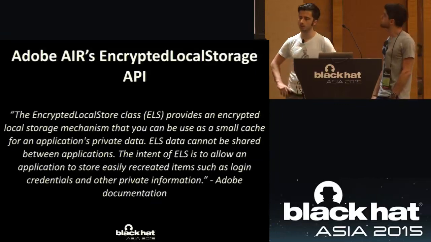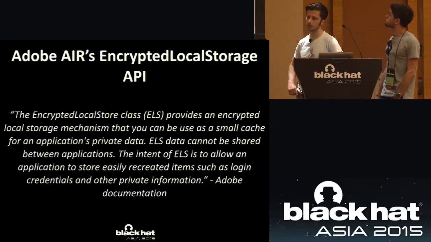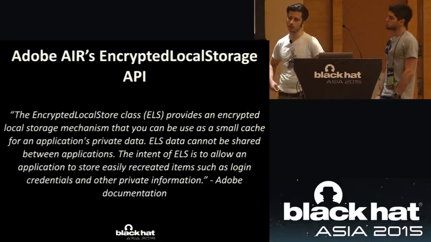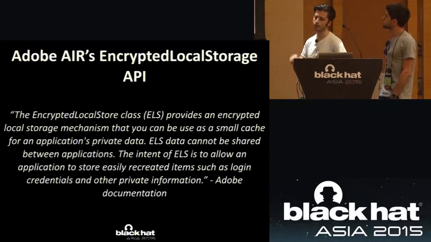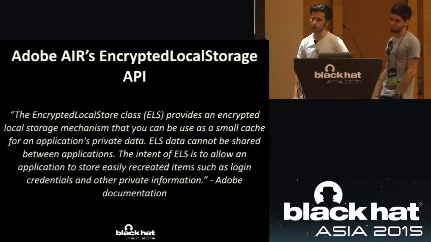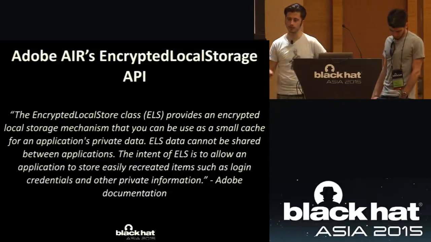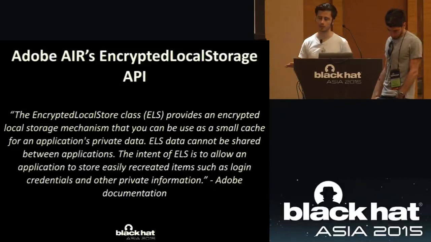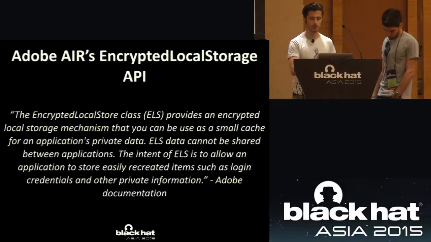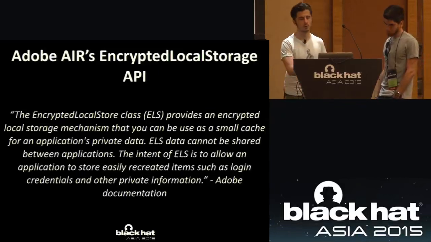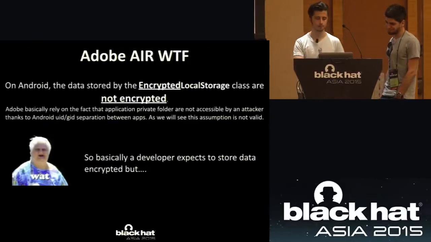The documentation says that this class should be used to store credentials and other sensitive information, and they will be encrypted and they will remain private to the application. And we will see how this is not true and how we can exploit that.